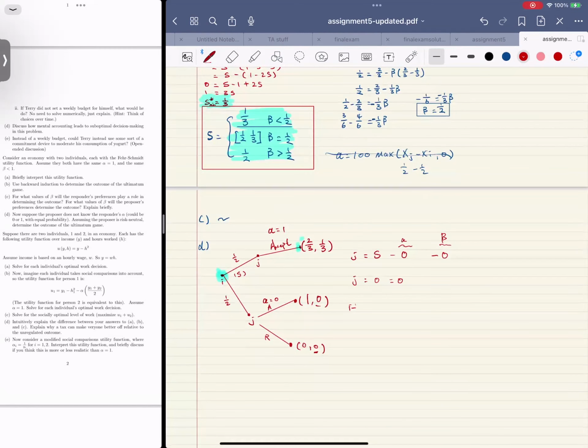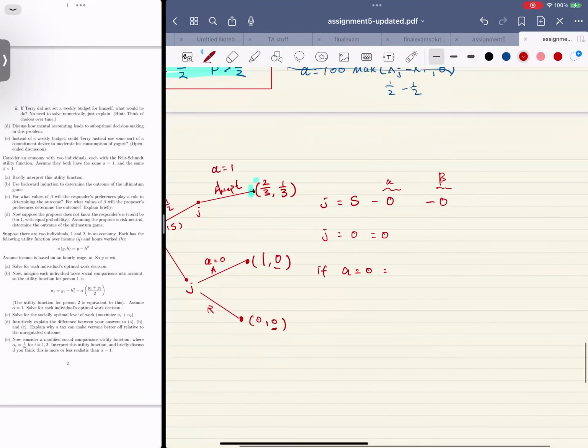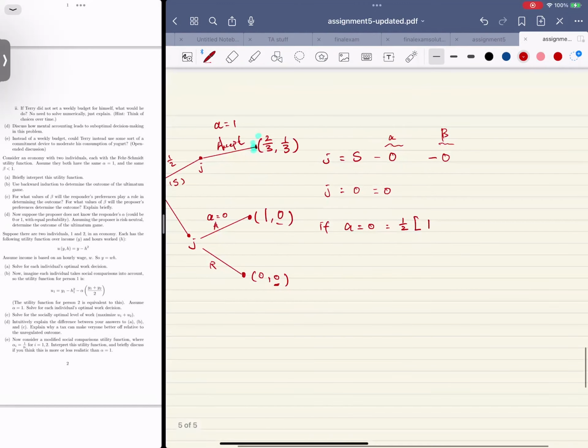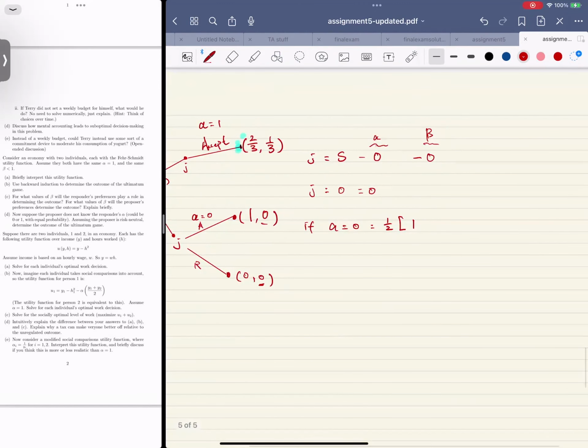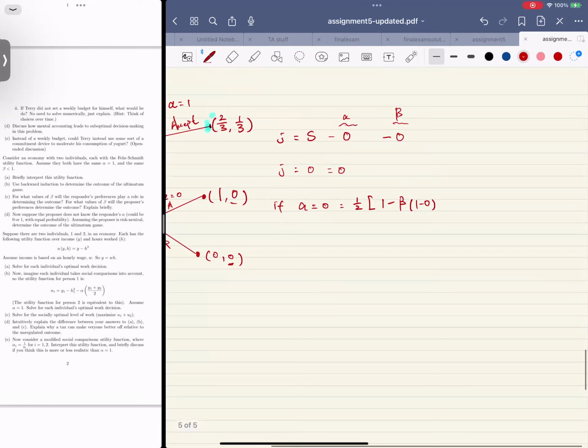So if A equals 0, you'll have 1/2 probability of a utility function of 1 minus beta of 1 minus 0. Right?